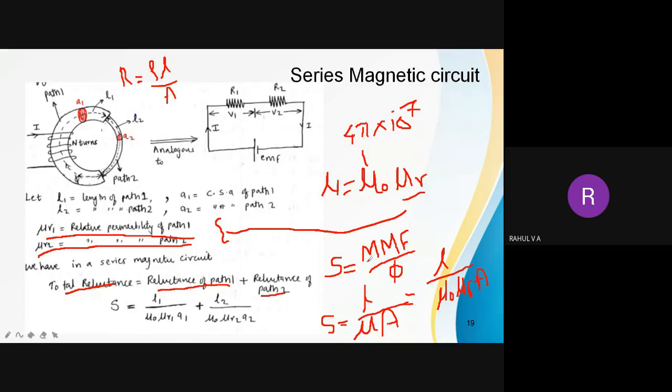Okay, L divided by mu 0 mu R A. Okay, so the total reluctance is equal to the reluctance of path 1. Okay, what is the reluctance of path 1? Length of path 1 is L1, divided by mu 0 mu R1, the relative permeability of section 1, into the area of cross section of section 1.